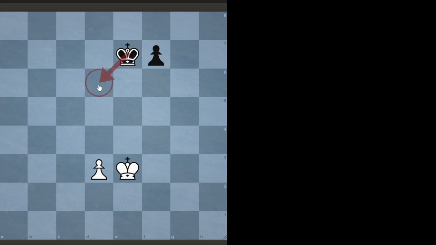Take notice, black has the goal of getting to the pawn and capturing it, and white has the same goal. If white tries to get the stairway to heaven with the pawn, they are not reaching this because black can just get in the way of the pawn, the stuff that I told you many videos ago, but this is right now why it is so important. And the same would be for black.